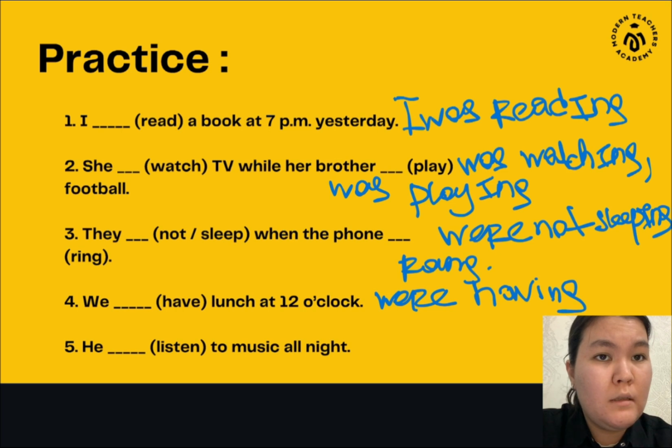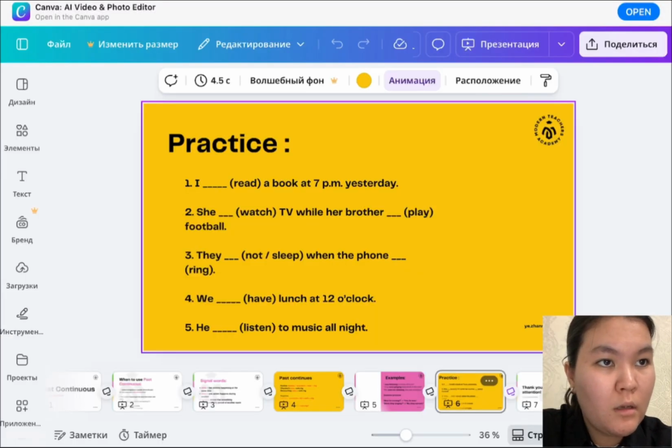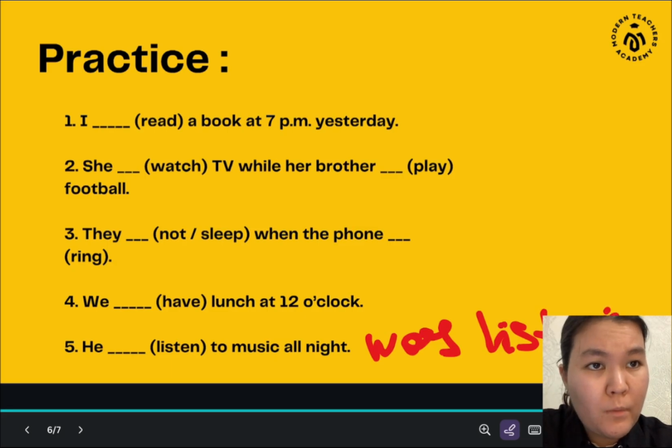The fifth sentence starts with he, and after he there will be was. Then listening. He was listening to music all night.